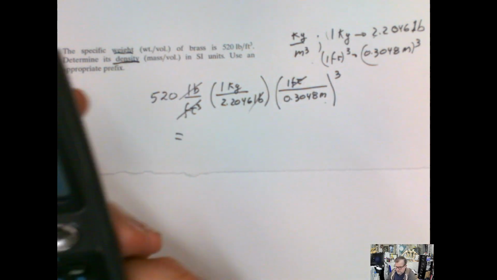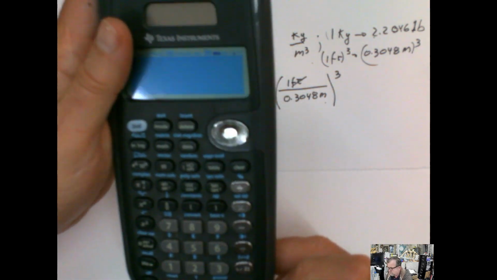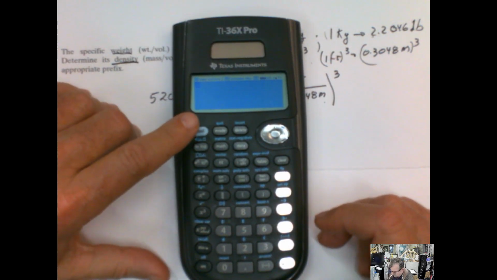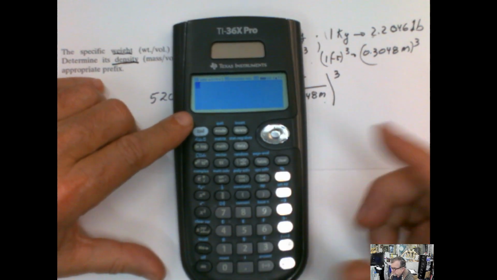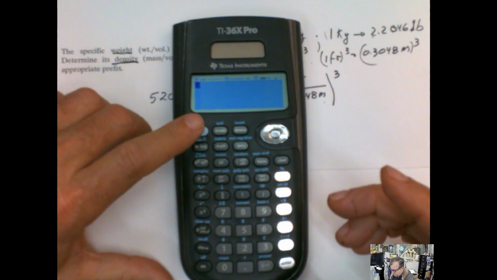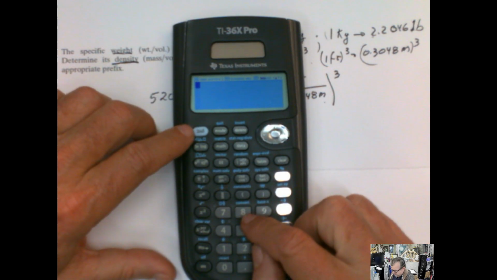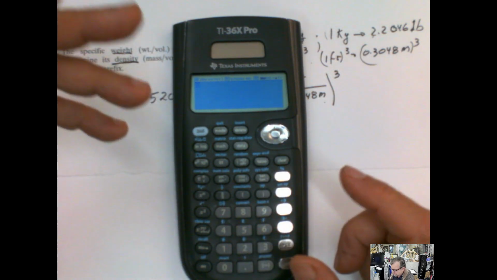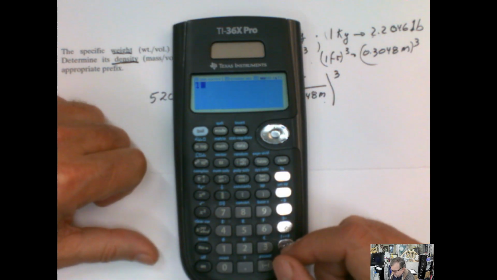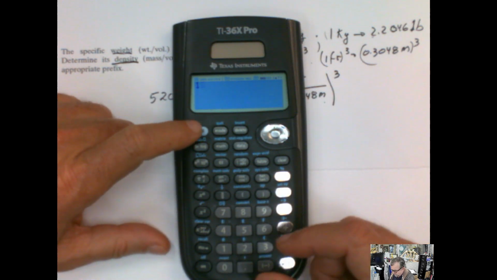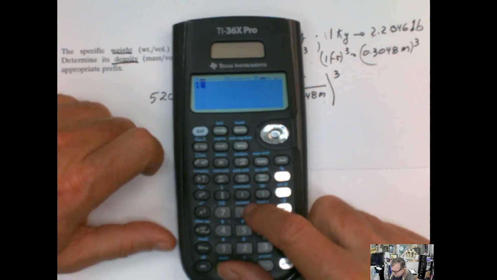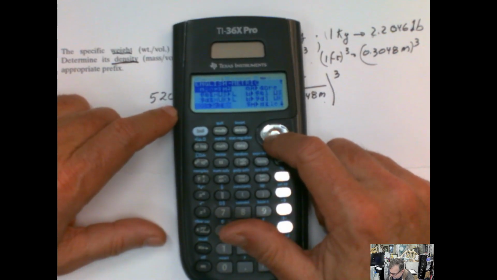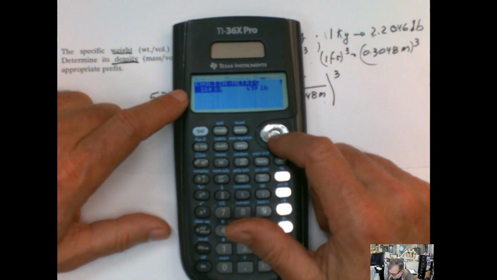By the way, if you ever forget those constants, or you don't remember the constant and your professor doesn't want to tell you, and you're using this calculator, which is a very common calculator, you just have conversion here. For example, let's say that I want to know how much is 1 pound in kilogram. So I put 1 here and I go to convert, then English to metric, and then look, pound to kilogram.